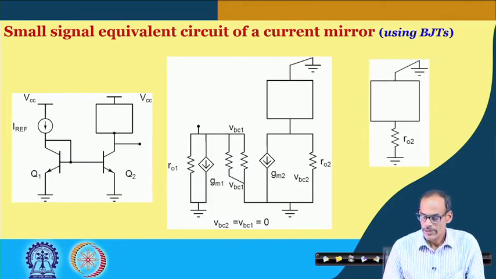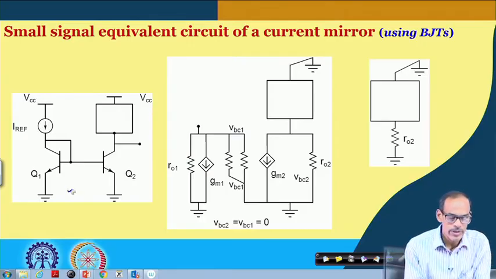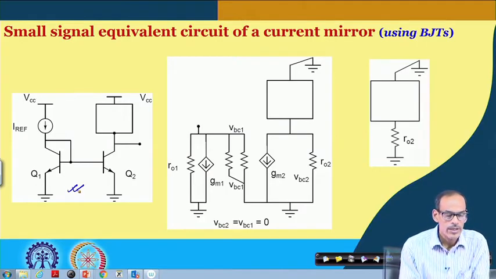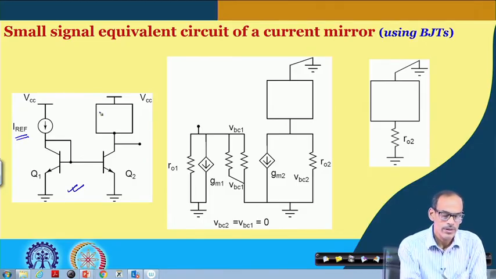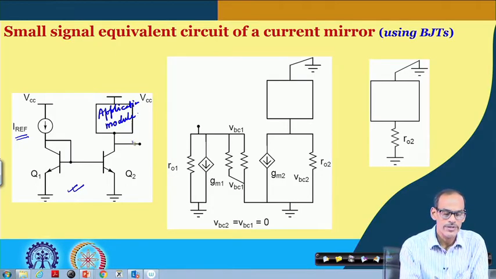So, here we have the current mirror, and again the reference current is only DC. Here we have the application circuit, or application module, and we would like to draw the small signal equivalent circuit here.